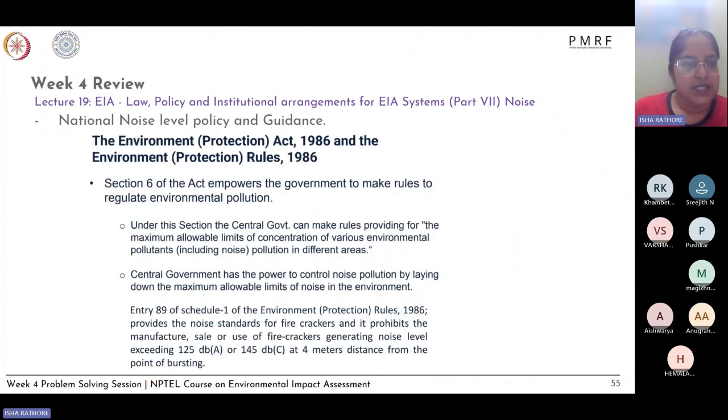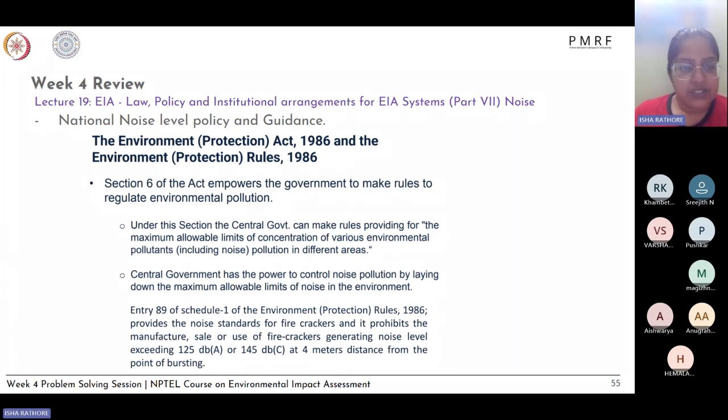Okay. Then the Environment Protection Act 1986 and Environmental Protection Rules of 1986. Section 6 covers environmental pollution. Under this, the state or the central government makes the allowable limits of environmental pollutants, including noise.